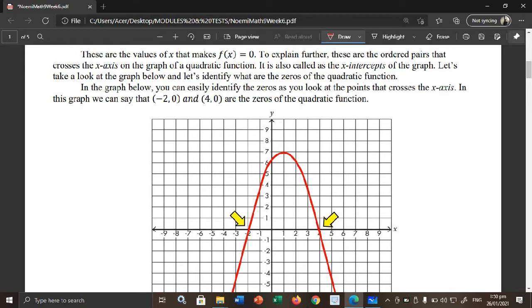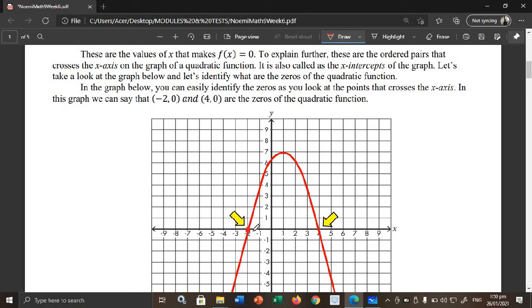And when we say the x-intercepts of the graph, these are the points that cross the x-axis, di ba? Kung napapansin nyo, at some point of the parabola, nag-stop siya. Merong mga points na nag-cross or na-plot exactly sa x-axis. These are (-2, 0) and (4, 0).